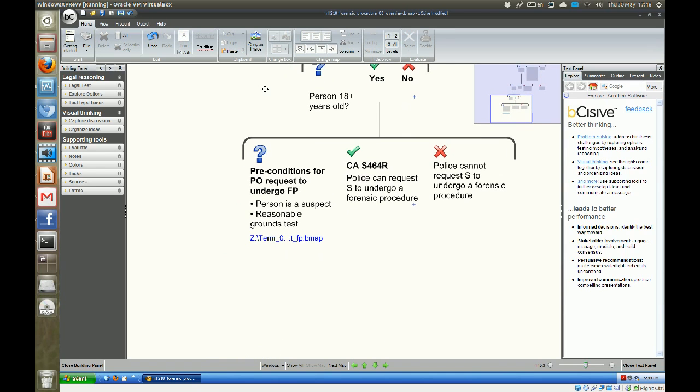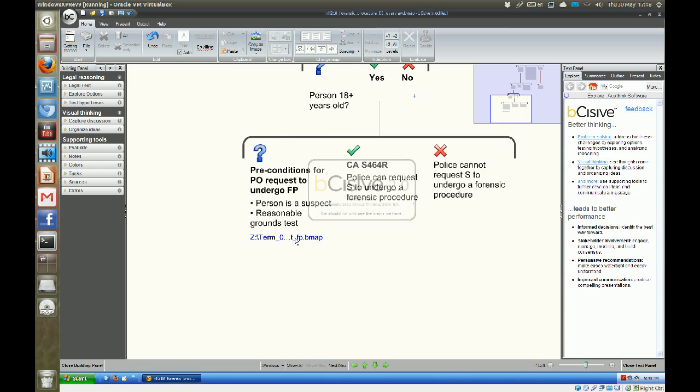So then we're looking at the preconditions for a police request to undergo a forensic procedure. Someone comes into the police station and the police will ask him whether he is willing to undergo a forensic procedure. Now, the precondition for their request is that he be a suspect, or that they have reasonable grounds for making this request.